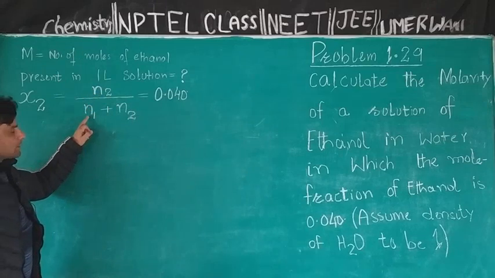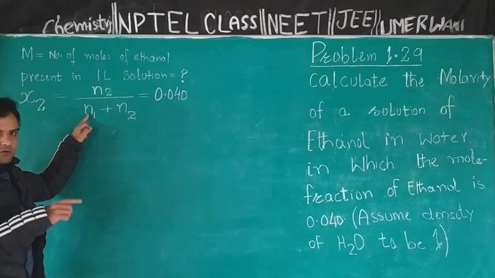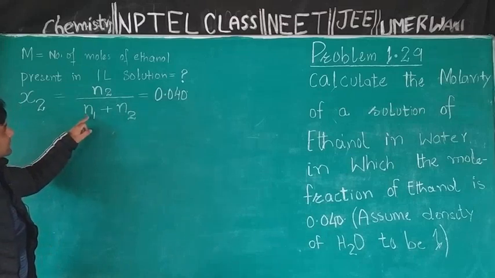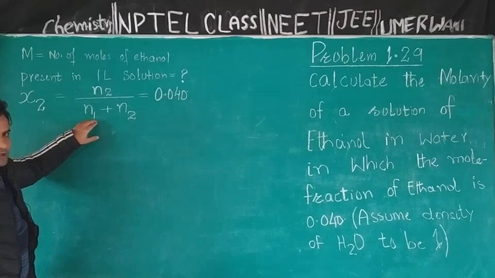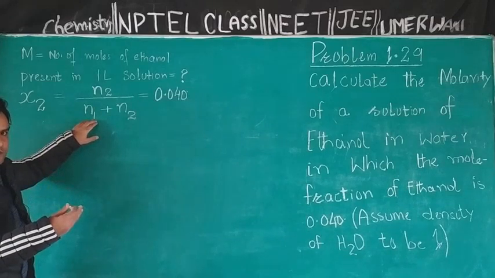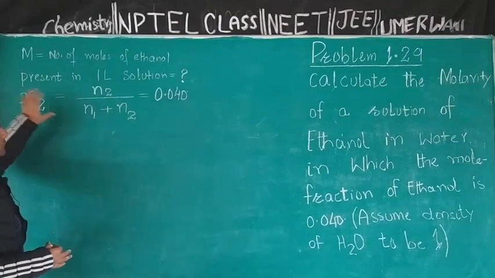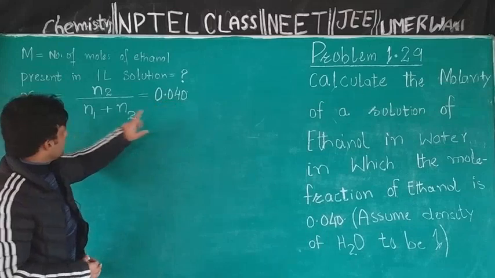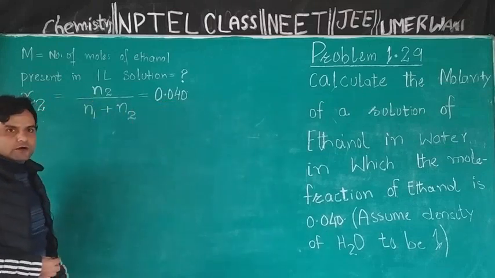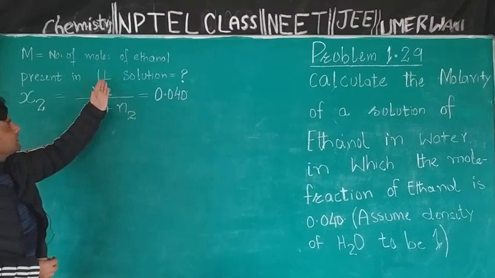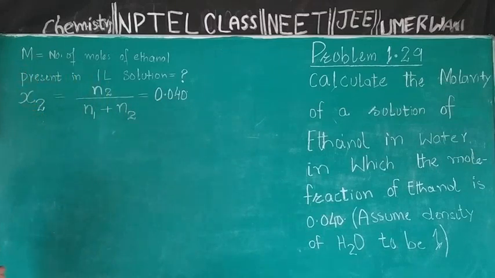Considering that I know number of moles of solvent water, because I know its mass 1 kg 1000 gram, and molar mass of water I also know 18 grams. I will express number of moles of solvent water in terms of its available mass and molar mass. Chi2 value is already known to me, and this will allow me to find value of number of moles of solute ethanol present in 1 liter of solution, which will be molarity for me.